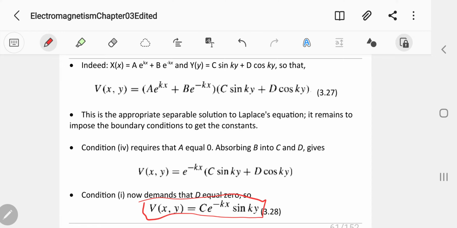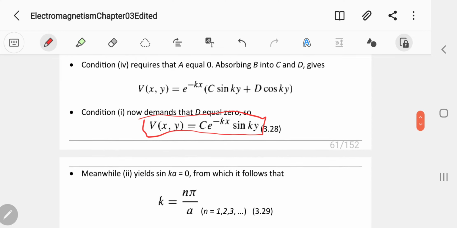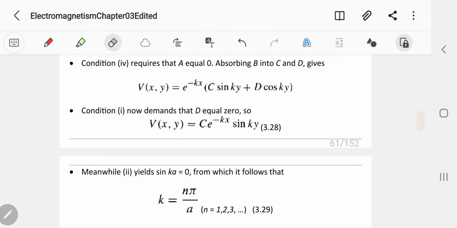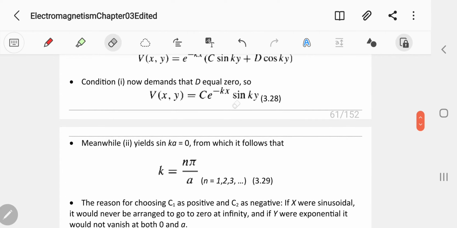Now let's further apply the boundary conditions. And the only way that sine could be 0 is when your argument here, ka, is equal to some integer times pi.